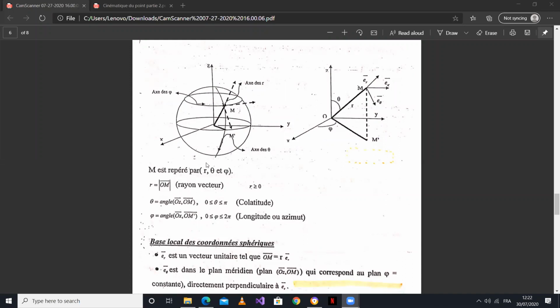R is going to tell us the distance of that point from the origin or the center, theta is going to tell us the angle it forms in its vertical rotation, again from the origin or the center O, as I gave you the example of the longitudinal lines. And we have the angle phi, which is going to tell us its position in its horizontal rotation around the center O.